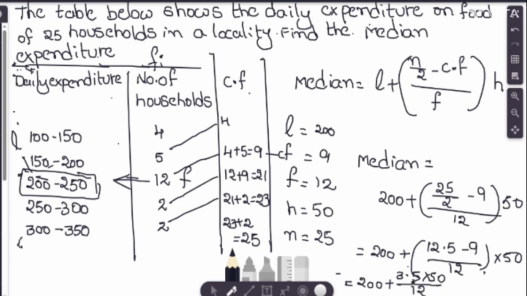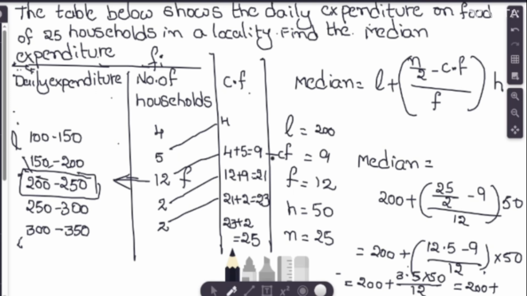If you multiply, with one 0 the decimal goes, giving 35 into 5. So 200 plus 35 into 5 by 12, that we have to do. Do the division in rough. 35 into 5 is 175. 175 divided by 12 is approximately 14.58.